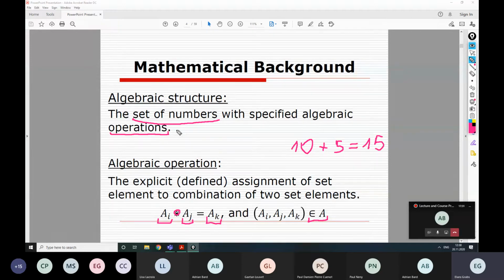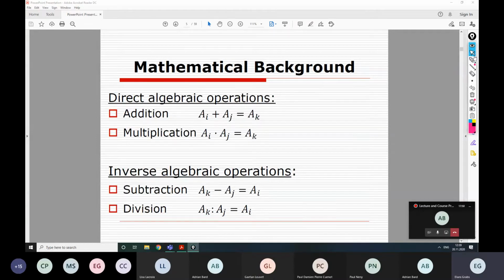Just to mention that we can actually consider our set of real numbers to be different types of algebraic structure depending on what operations we are talking about. But in general, these operations can be very different. So there are direct, basic, or base operations, such as adding, multiplication, and maybe some others, but we'll talk mostly about these, which are defined by themselves.